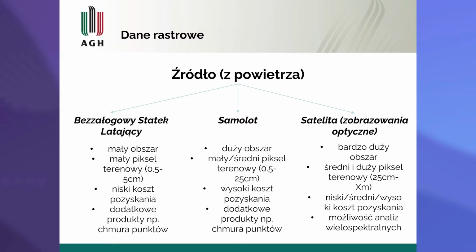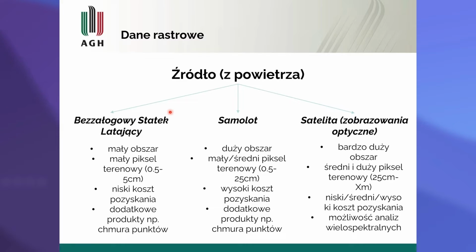Now I would like to present and classify raster data by the source of their obtaining. I would like to show you the possibility to obtain the data from some level above ground. The first source is unmanned vehicles, drones, which we have heard a lot about, and we will hear quite a lot about during this conference.